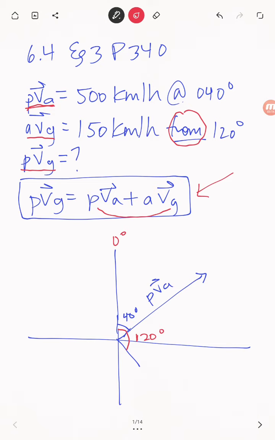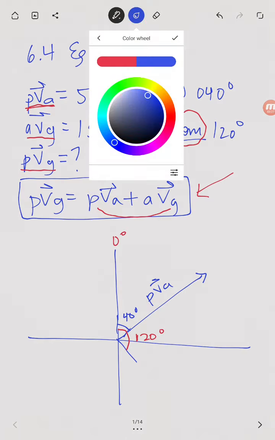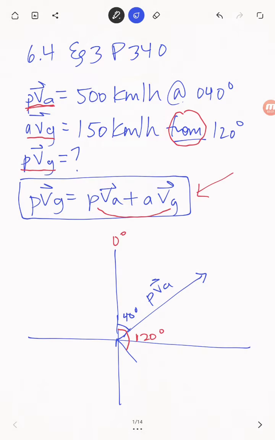Normally at a bearing of 120 degrees I would put my arrowhead over here, but from a bearing of 120 degrees is the exact opposite of that. So I need to put my arrowhead on the opposite end of that vector, which in this case is pointing directly at the origin. So this is my AVG, the velocity of the wind or air relative to the ground.